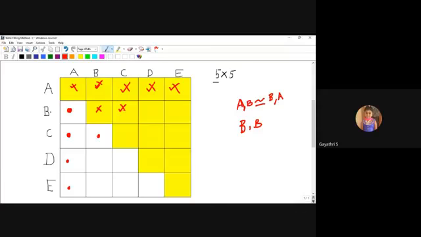So B and D is equivalent to D and B, so the repeated one I just eliminate. The same thing BE, which is equivalent to EB. These two are equivalent, so I just eliminate this part.